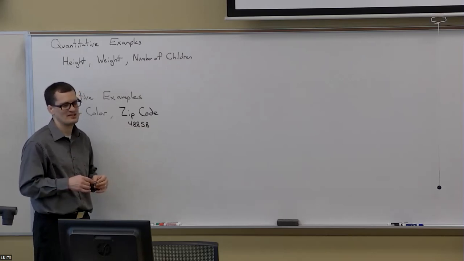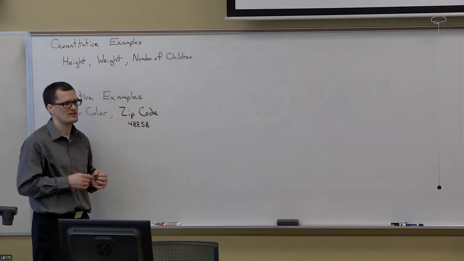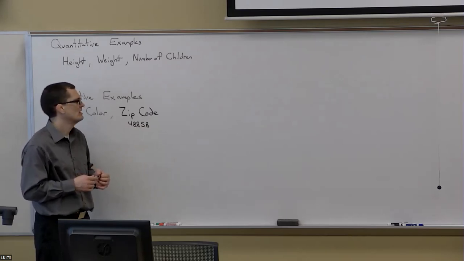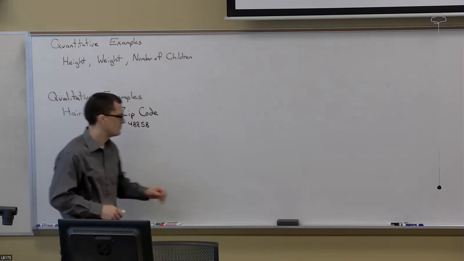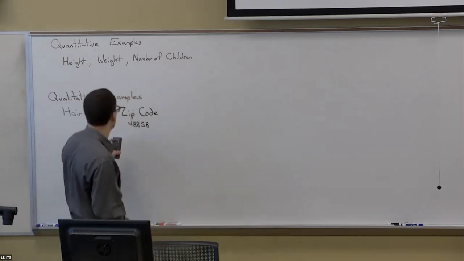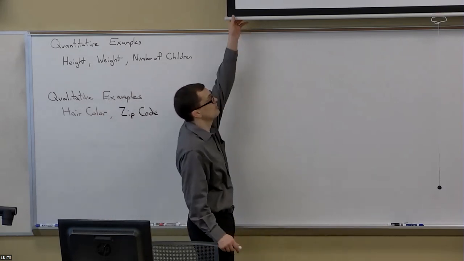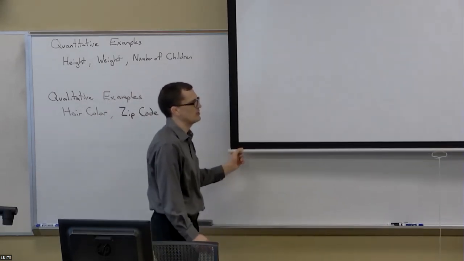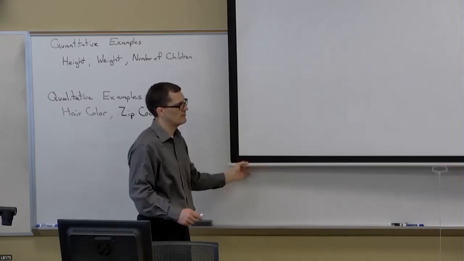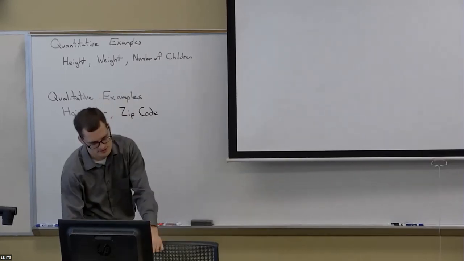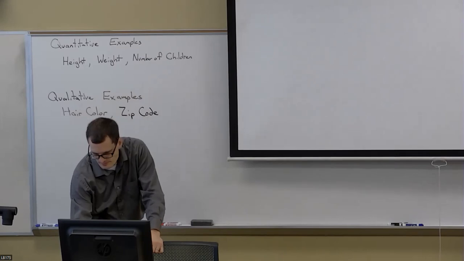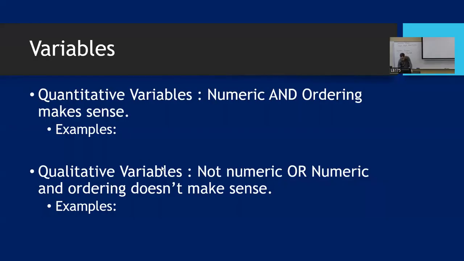So they had to put an extra one in a certain location. That makes sense? So zip code is a good example of a qualitative variable that has a numerical value. Okay. Does that make sense? So quantitative versus qualitative.